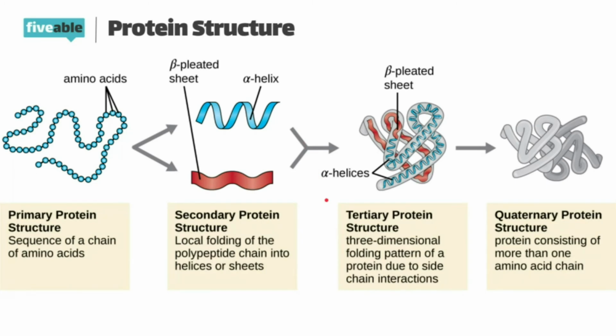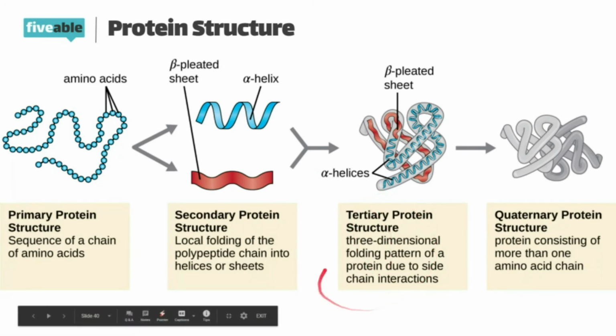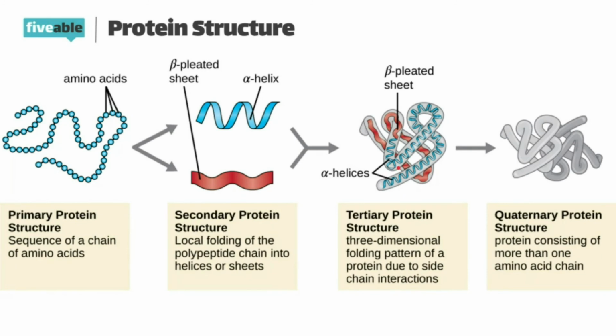And again, this is all because of that specific sequence that this folding happens. Tertiary structure is where you have your side chain interactions, so that's your R groups. If you have a charged amino acid, you might have your positives and negatives hanging out next to each other. You might have your hydrophobic amino acids all hiding and your hydrophilic on the outside of your protein.